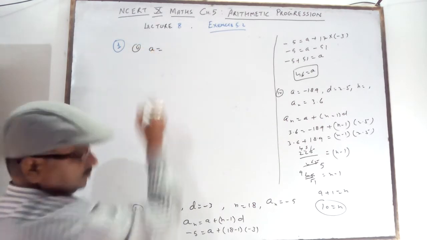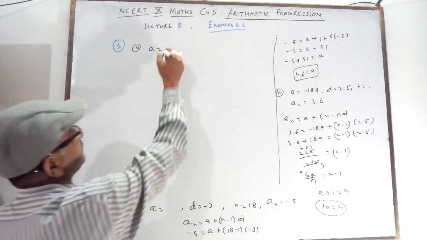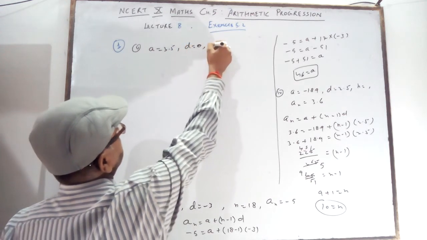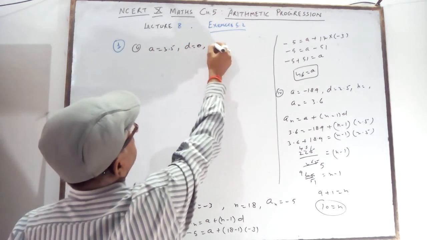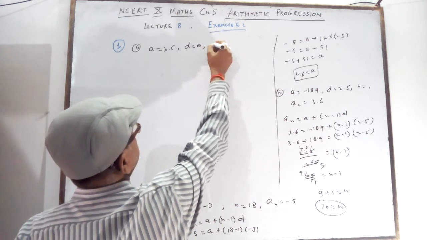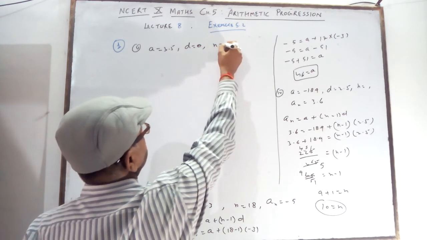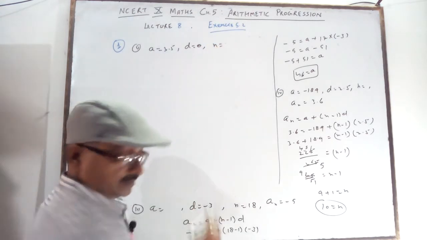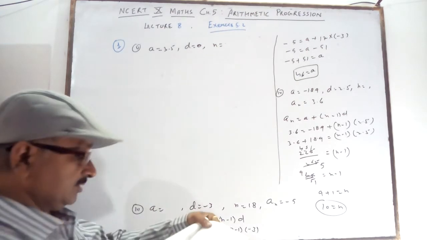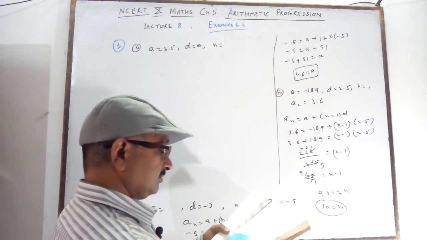A is equal to, given 3.5, D is 0, n is equal to 10.5. No, n is not given.